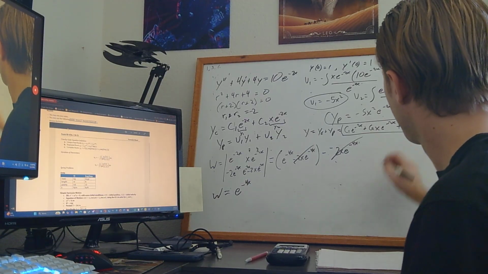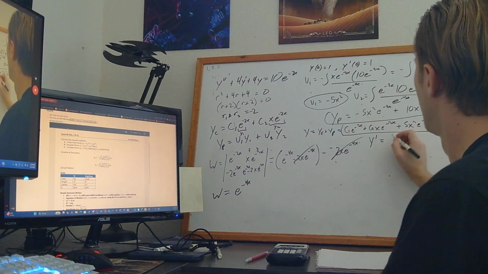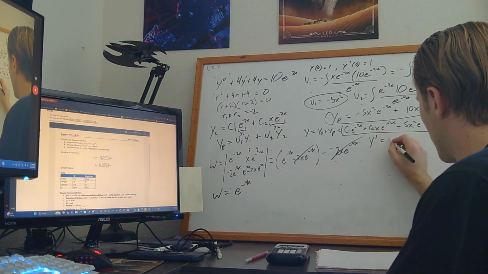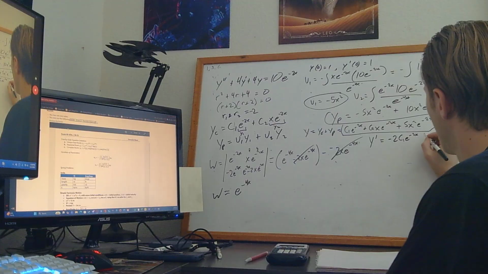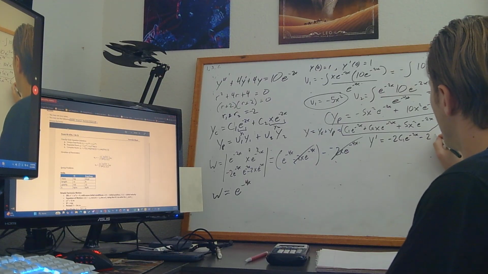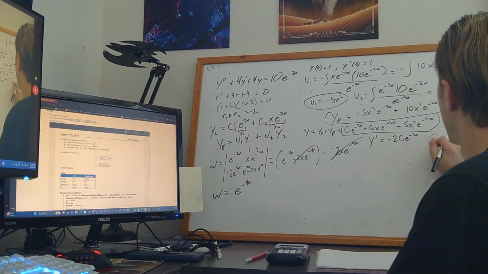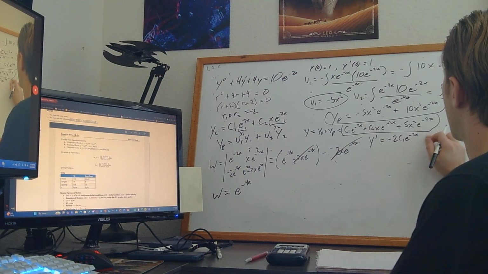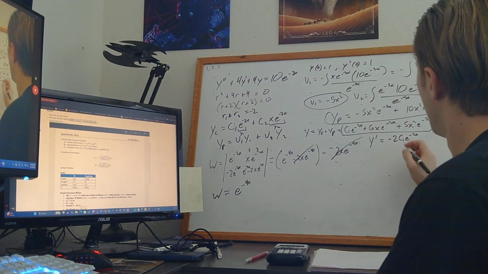So I'm going to find the derivative of that. So what is that? Minus 2c1 e to the minus 2x minus 2c2... Oh, there's going to be a product rule there, huh?